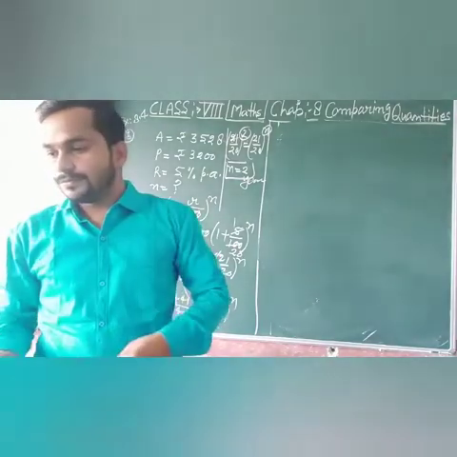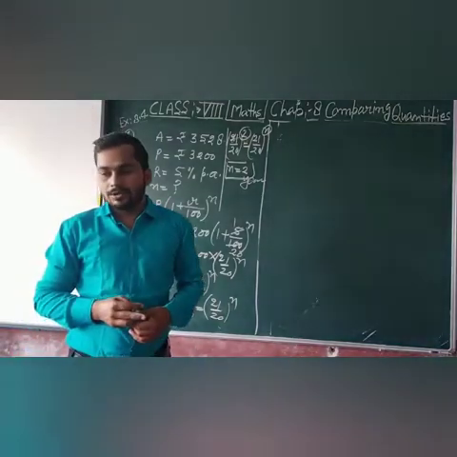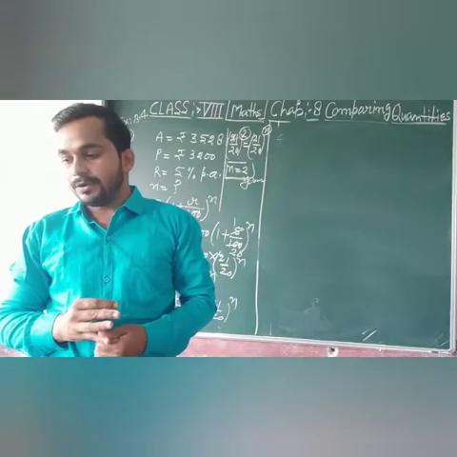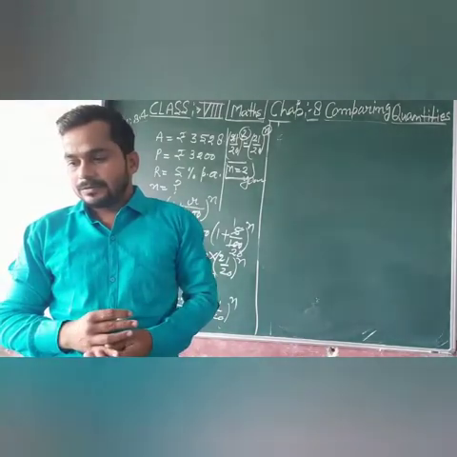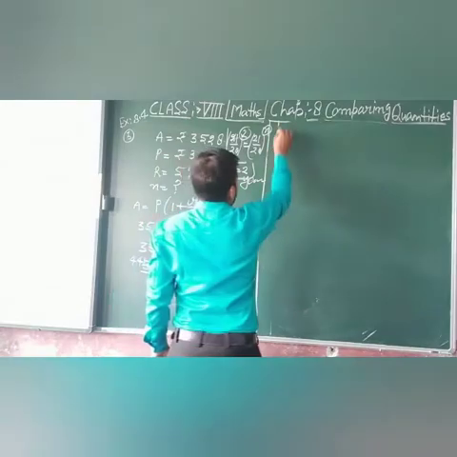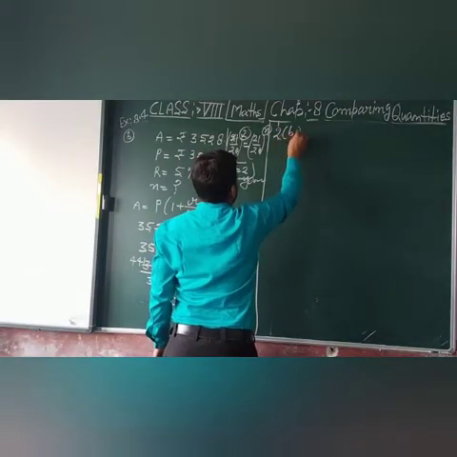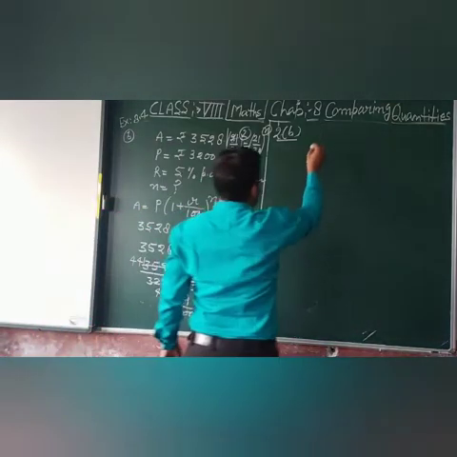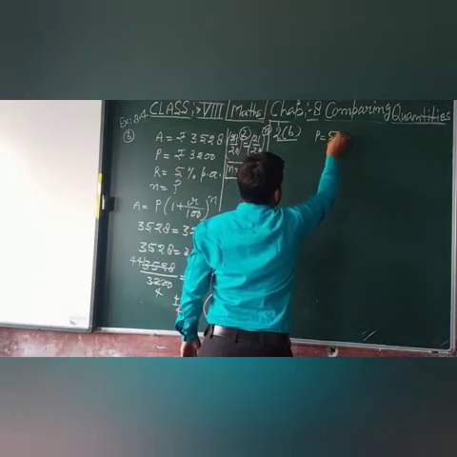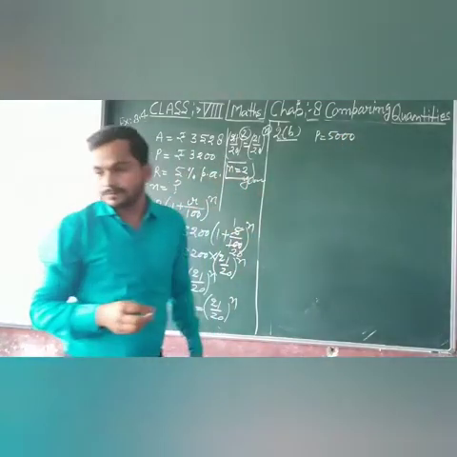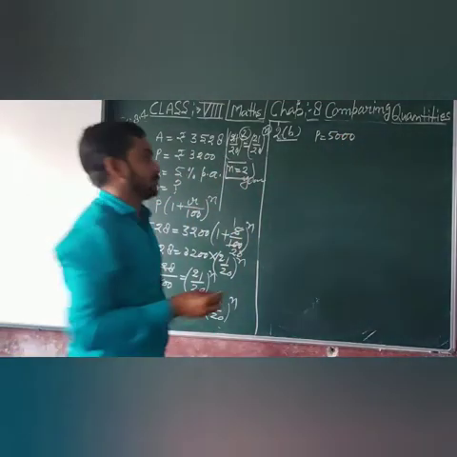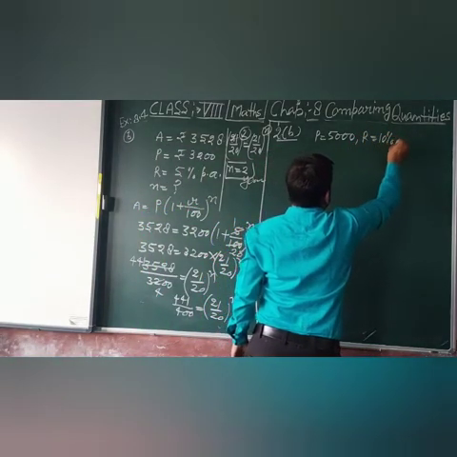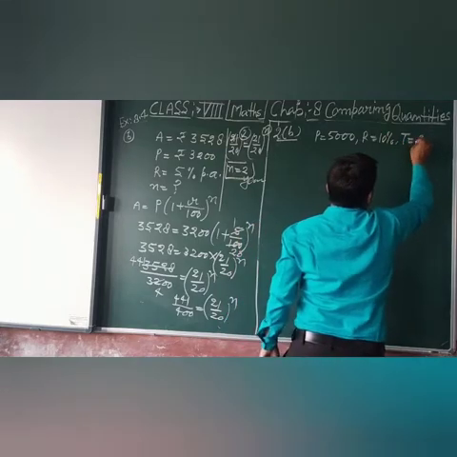Now question number 2: find out the amount compounded annually in each of the following. Second, B part: principal equals 5000, rate equals 10% per annum, and time equals 2 and a half years.